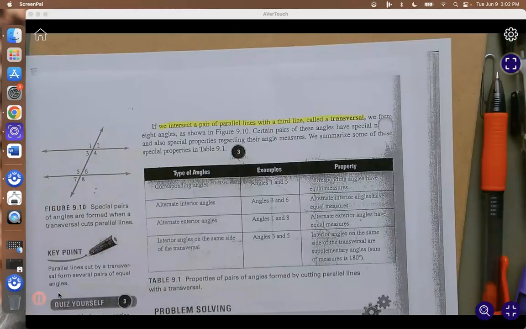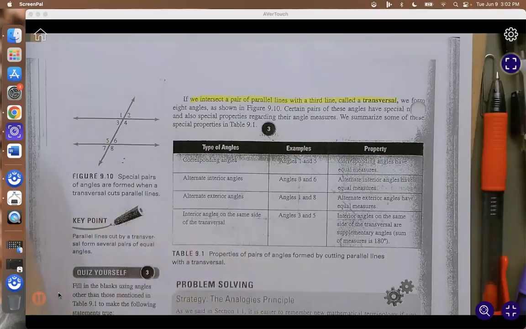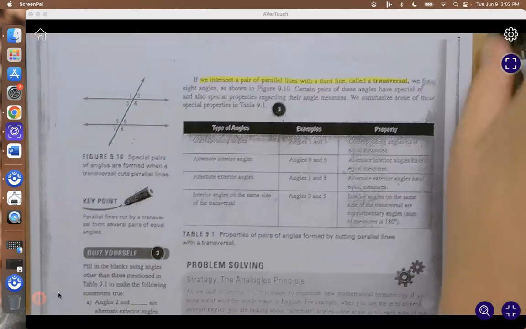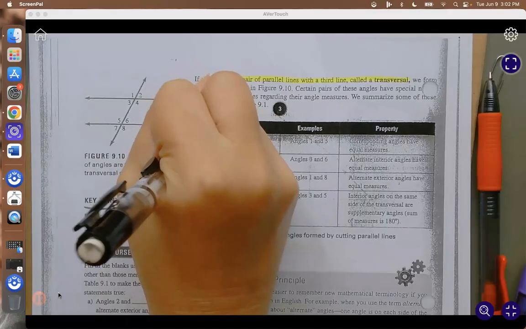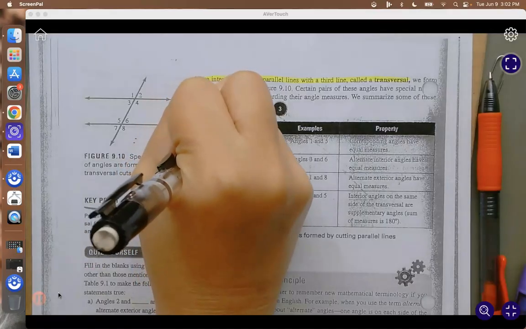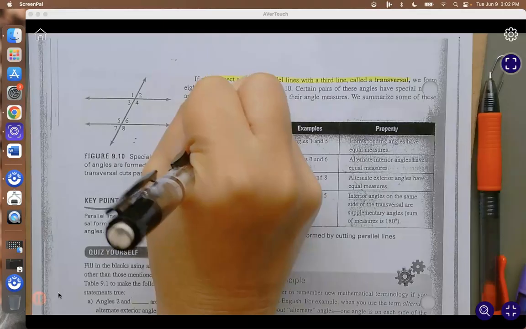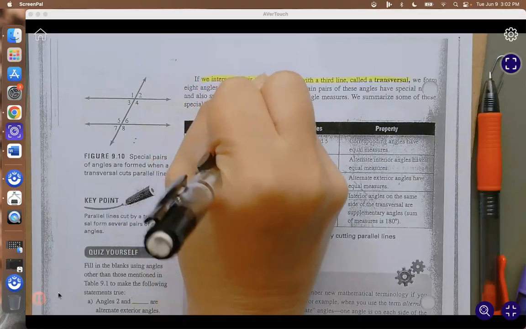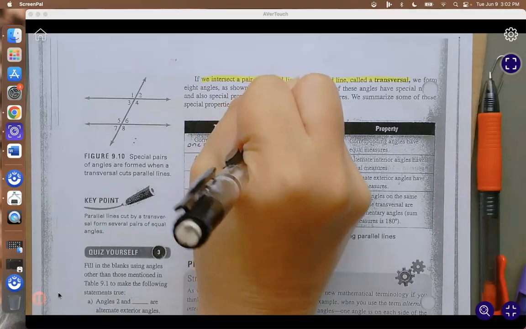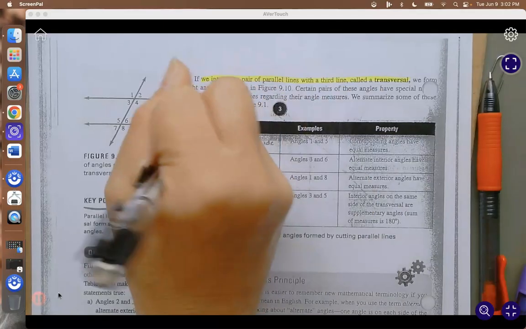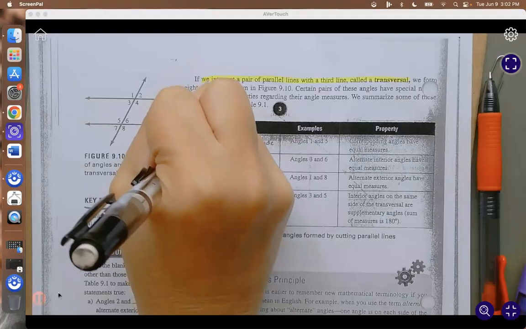Okay, now corresponding angles. Corresponding angles mean that we have, and I'm going to write this in pencil right here, one outside, one inside, same side, don't touch.